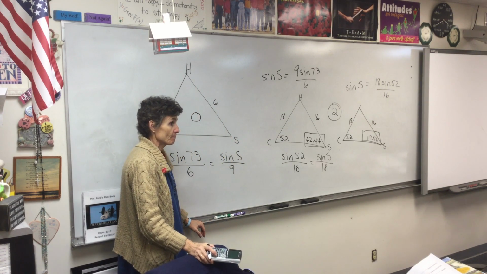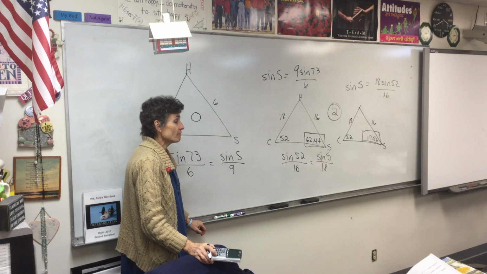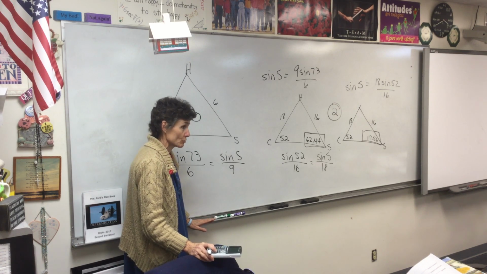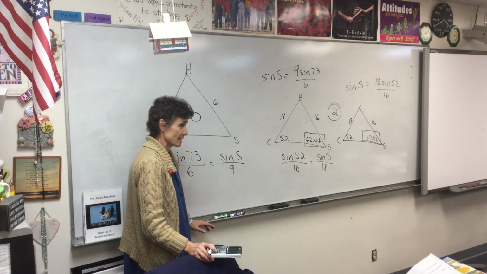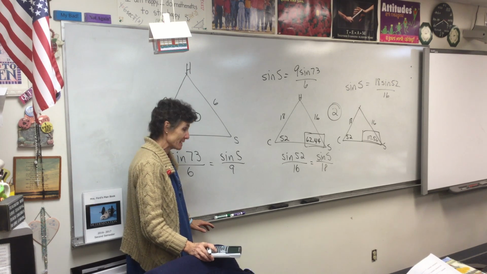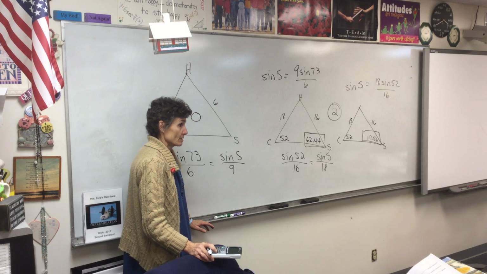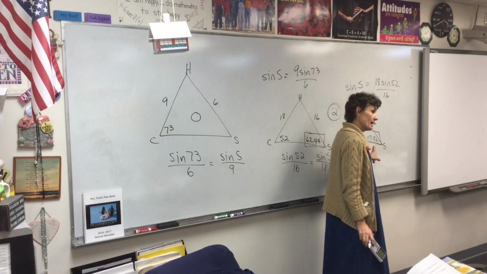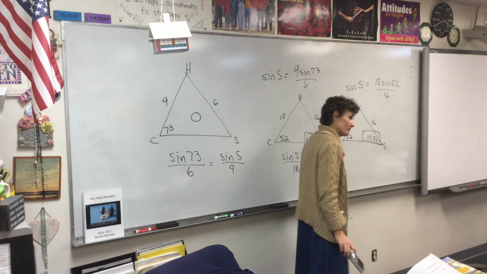What's the matter, Ethan? Why did you put 170? If there is a second answer, and that's the whole point of doing the problem, how many triangles are possible? If there is a second answer, it is 180 minus the first one. So the first angle S I got was 62. If there's another angle S, it's 180 minus the first one.